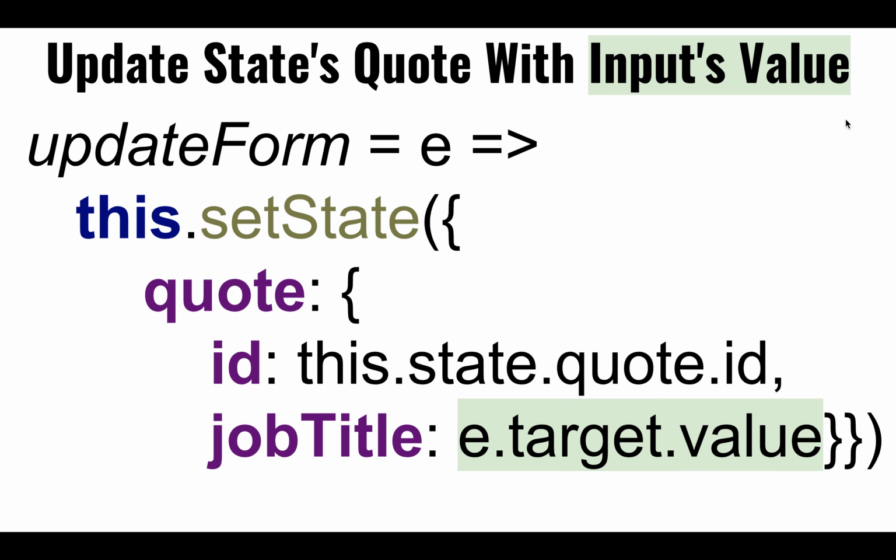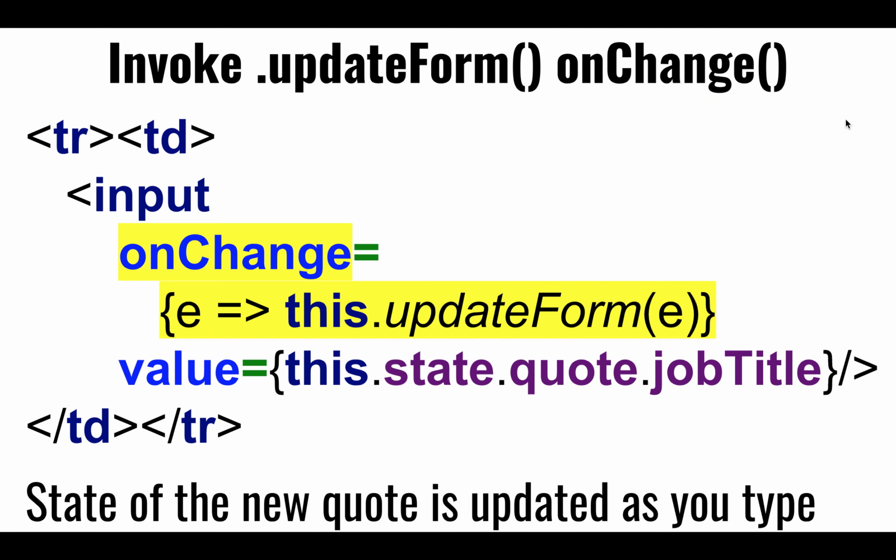And what we're going to do is that as we type, we're going to have an input field that, as we type, is going to invoke this update form, to which we're going to pass also an event that's going to keep track of every single keystroke that we make, right?